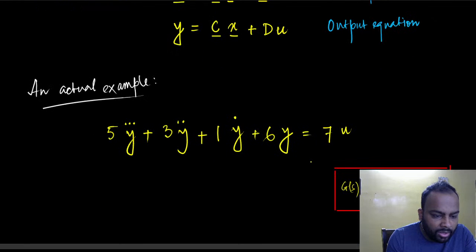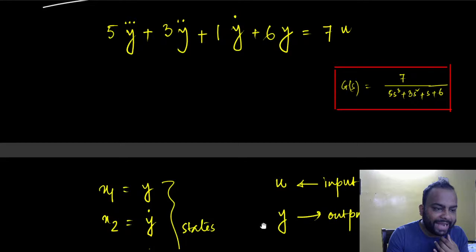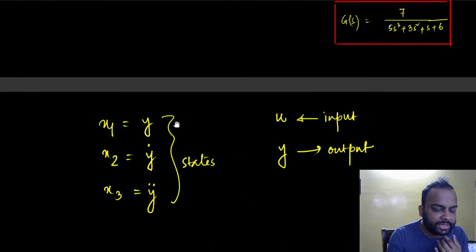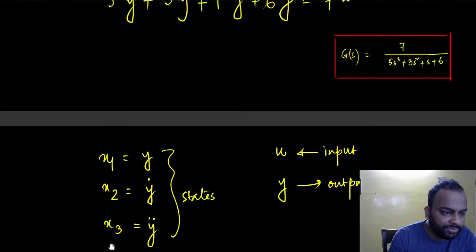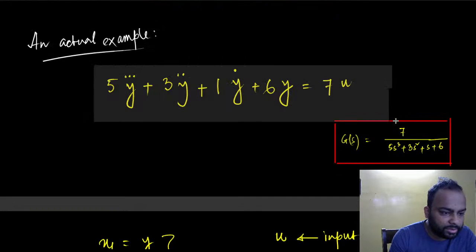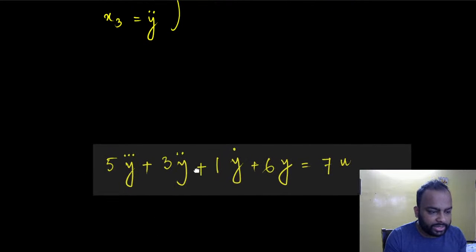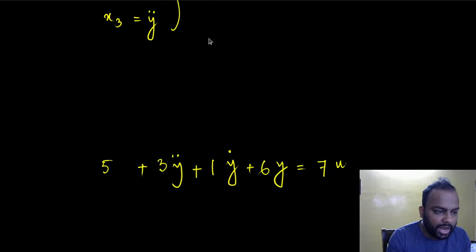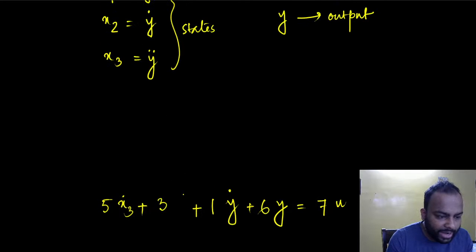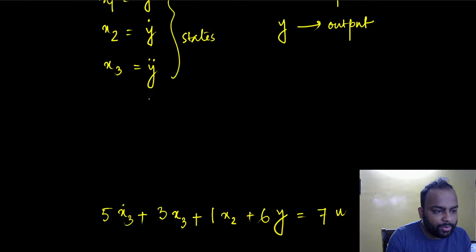So with that assumption, this differential equation essentially becomes, instead of y triple dot, I would write x3 dot. Instead of y double dot, I would write x3. Instead of y dot, I would write x2. Instead of y, I would write x1.